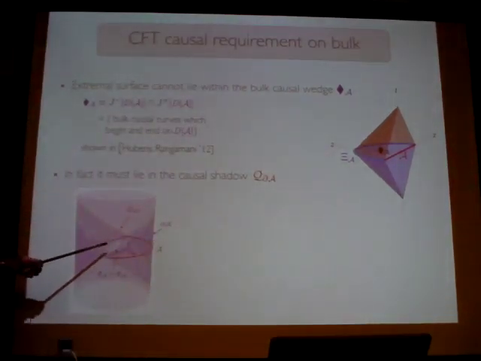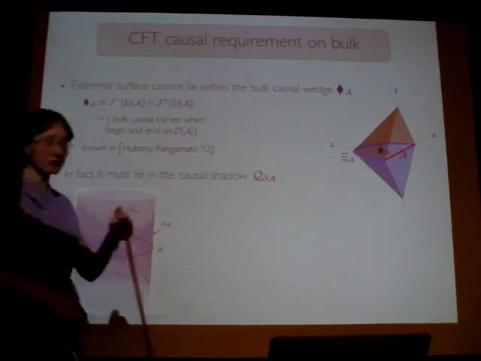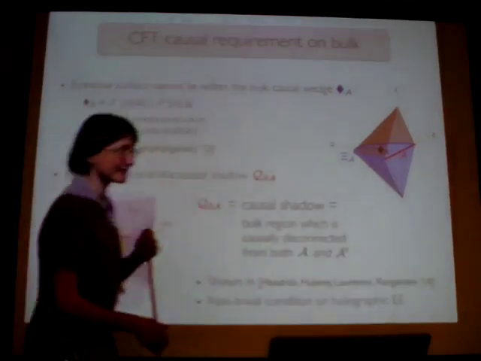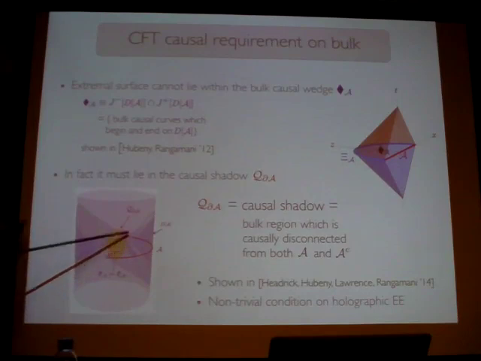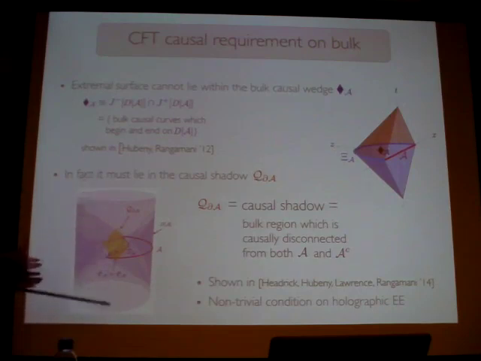It has to lie in what we call the causal shadow of the entangling surface. The causal shadow is a region which is causally disconnected both from the domain of dependence of the region and its complement. This is a requirement on the extremal surface in any geometry, so any state in the field theory, in order to capture entanglement entropy.